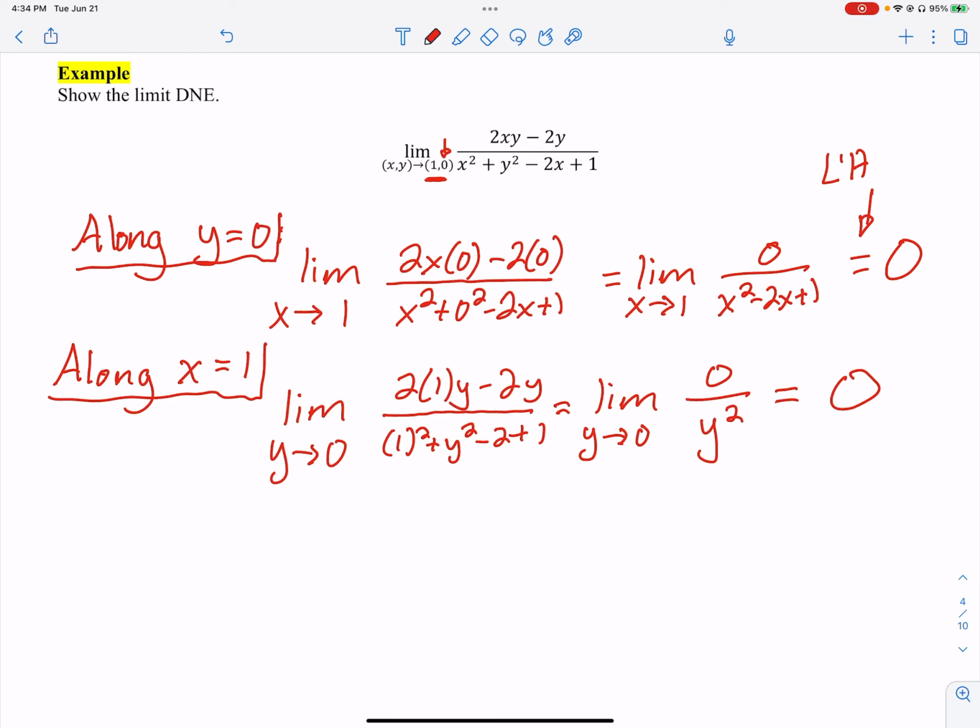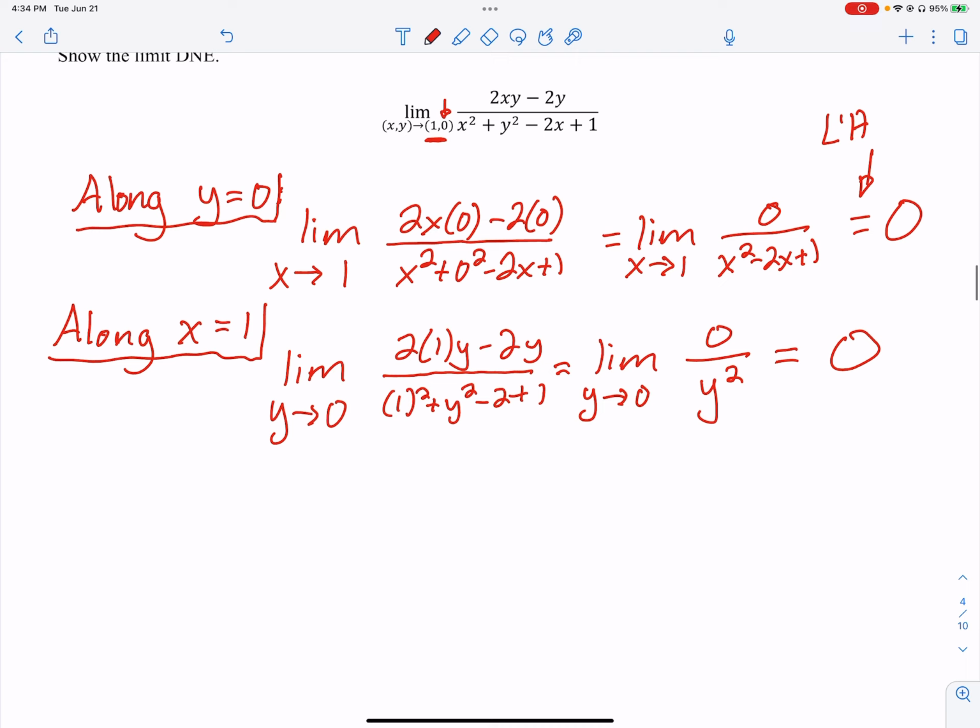Now, I'm going to rewrite this problem for a moment. We're going to try to manipulate the beginning problem. I'll write down the limits so we stay disciplined on that. And what I'm going to do is rewrite parts of this equation. Notice there's a 2y in both terms, so I'm going to put an x minus 1.